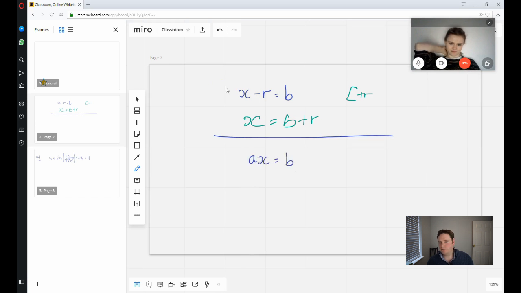Slightly different tack here. Okay. So you would need to divide by a on each side. Yeah, divide by a on each side, exactly.